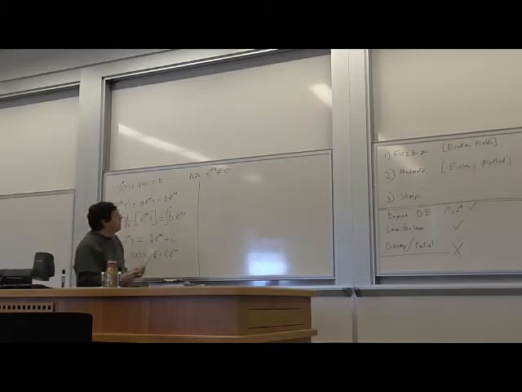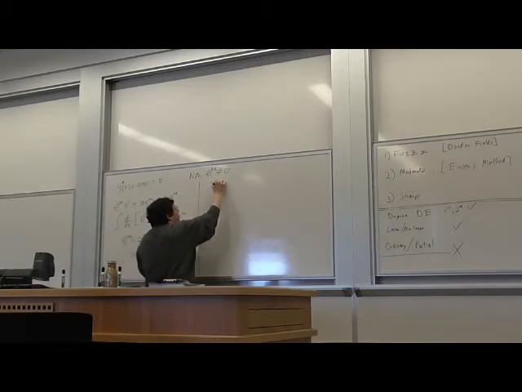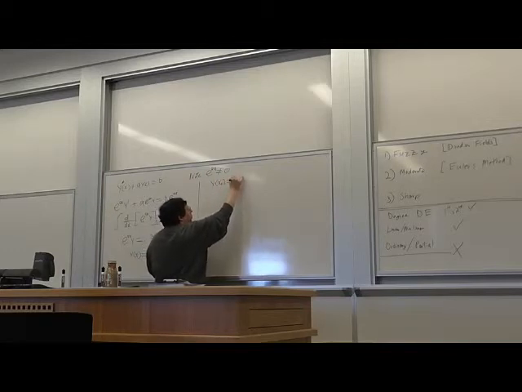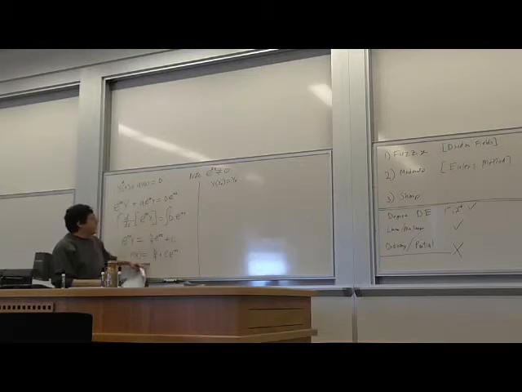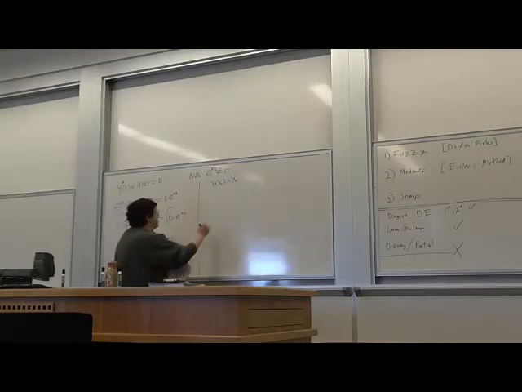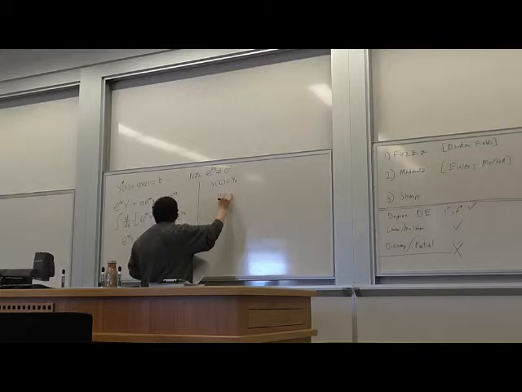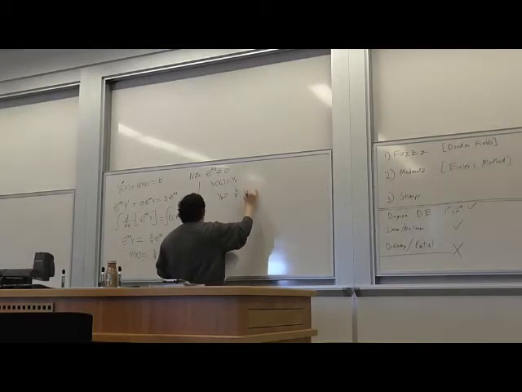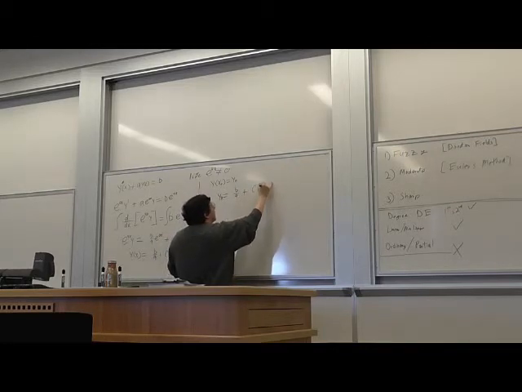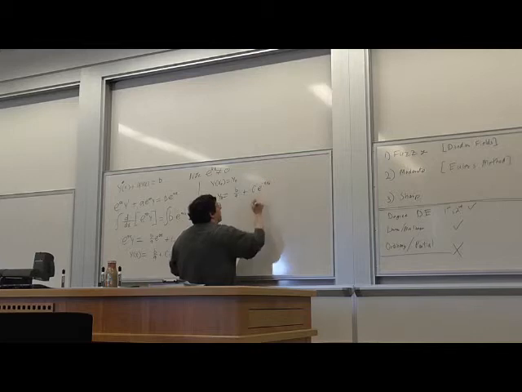But again, we have some initial condition, y at some point equals some value. We can plug that in, get y naught equals b over a plus c e to the minus a x naught.